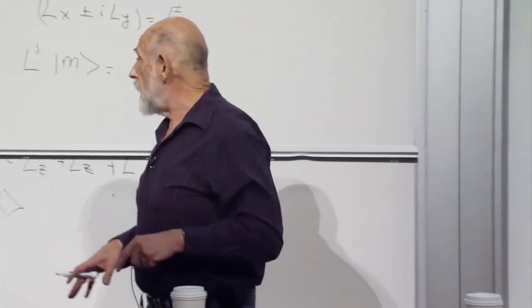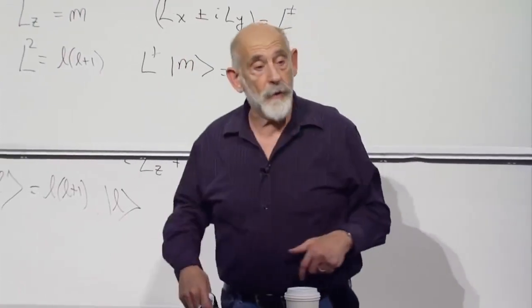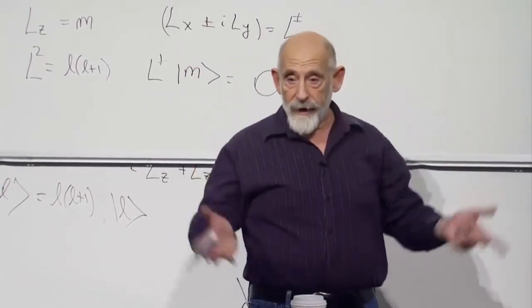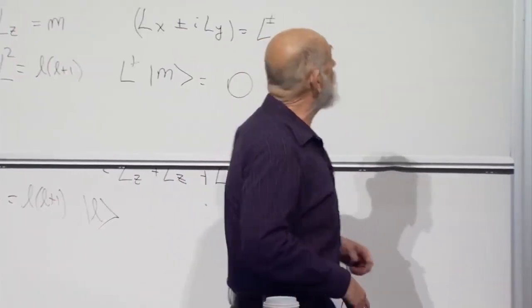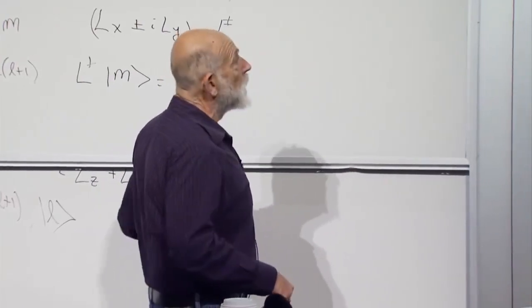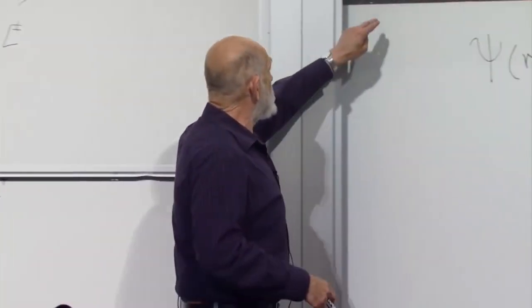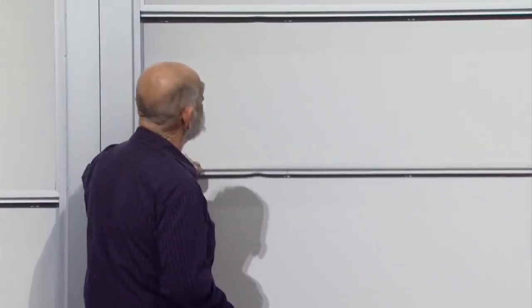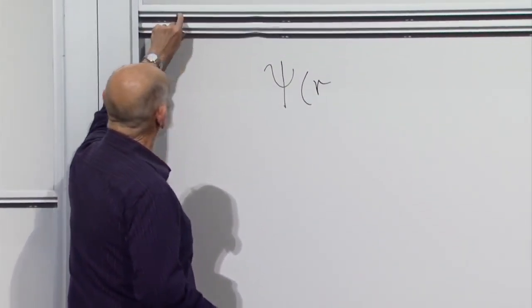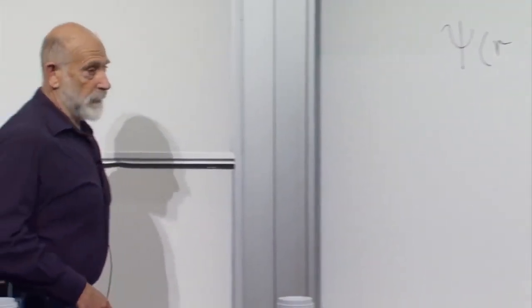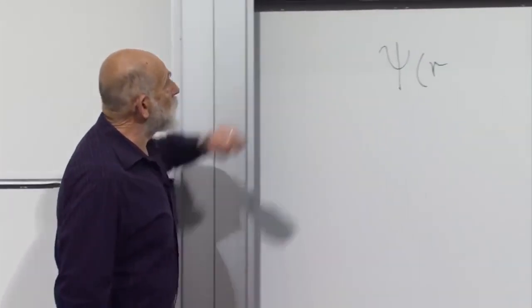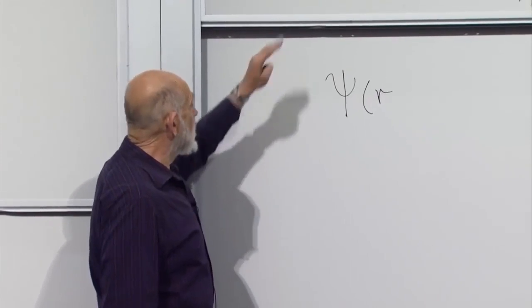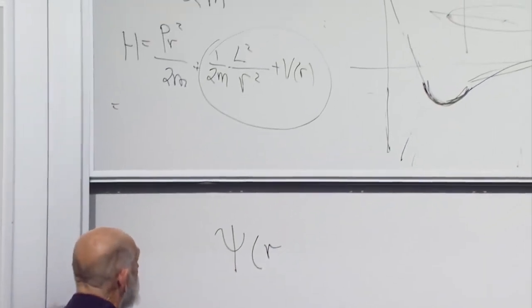If we know the angular momentum, then we know that the angular part of the wave function is just one of these spherical harmonics, which I've erased. But we don't have to worry about it. It's a one-dimensional problem, psi of r, and what does it satisfy?